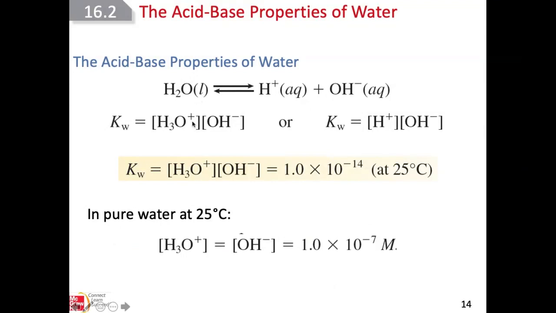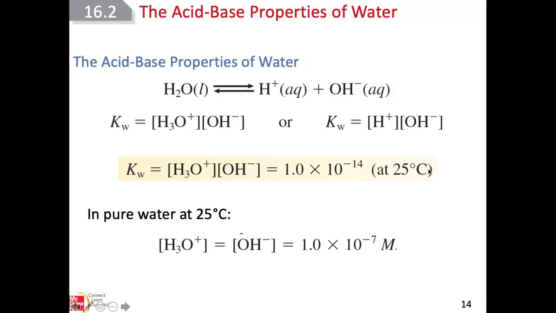But we also know that if the substances are in a liquid or in a solid state, we do not include those substances in the expression of the equilibrium constant. So you can see Kw equals this expression, or instead of H3O plus, you can really write H plus. So this is exactly the same equation.